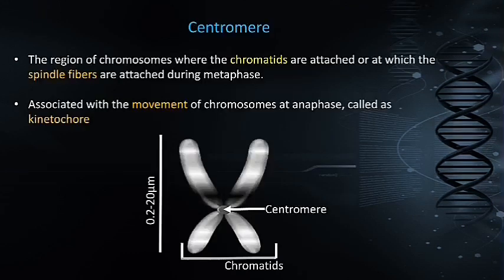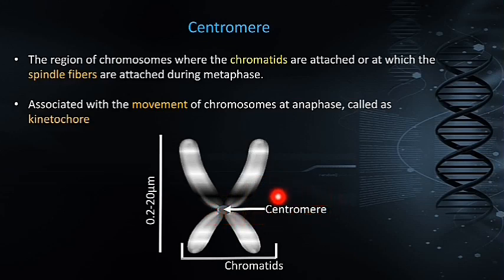The first component is the centromere. Centromere is the region where the two chromatids join together, or the region where the spindle fibers are attached during metaphase. During cell division, the centromere helps in the movement of chromatids to the poles, so it is also known as the kinetochore.